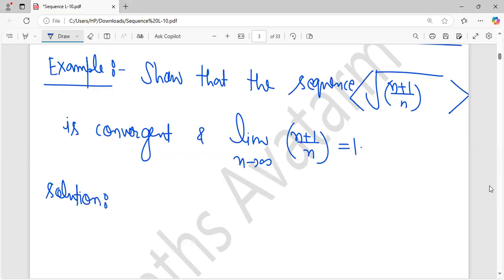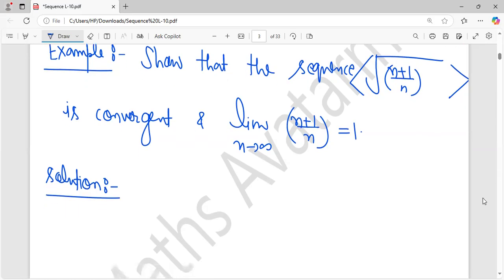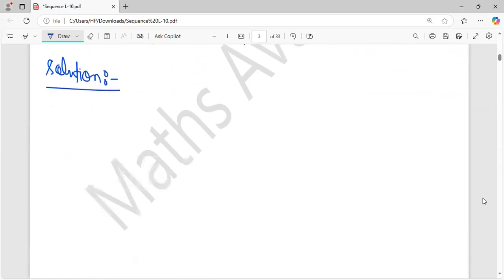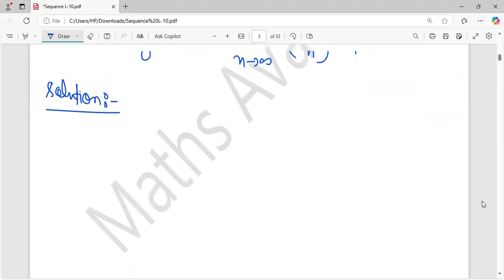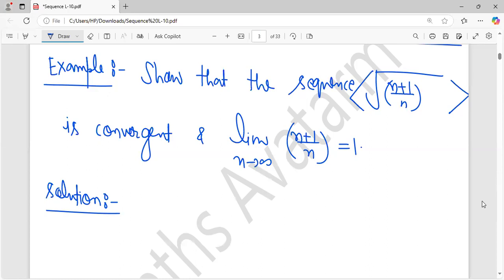Now, what is the limit of this? There is a root.